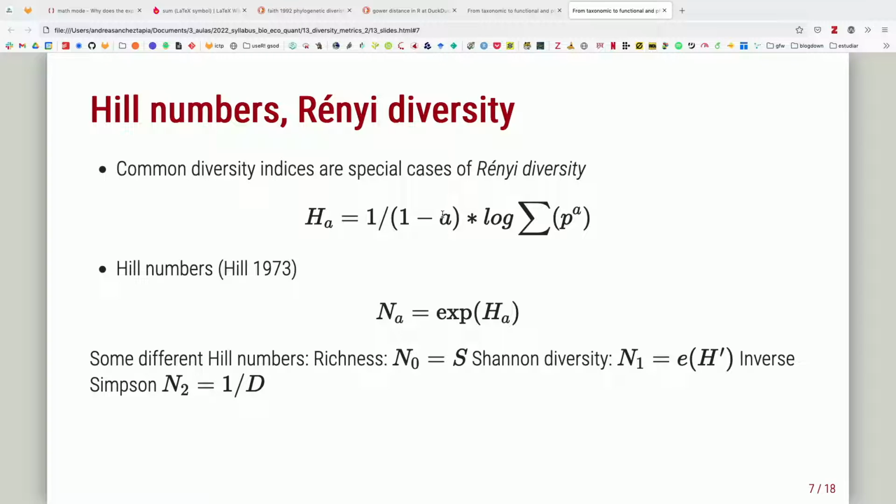So for 0, we expect this to be similar to the richness. For 1, we expect the exponential of Shannon, and for 2, something related to inverse Simpson.